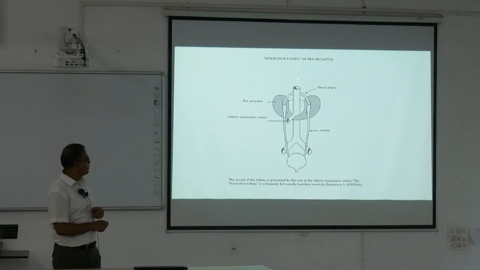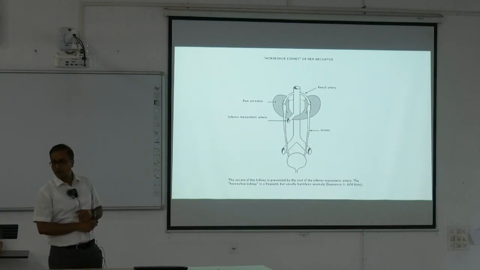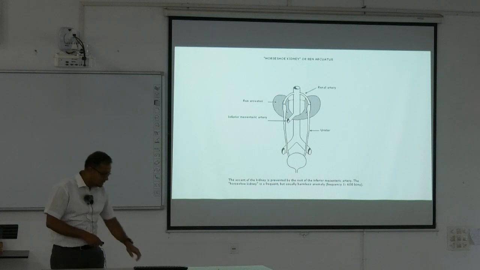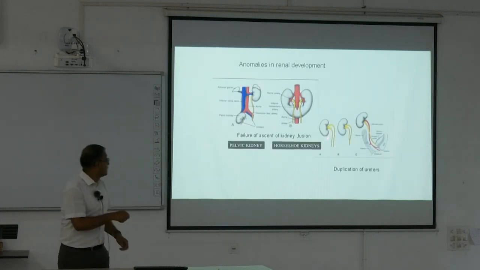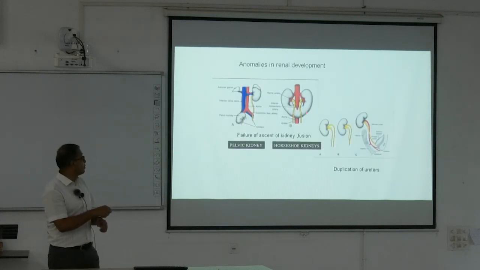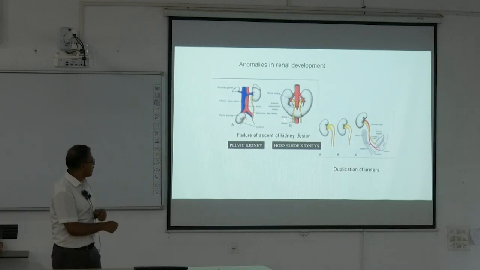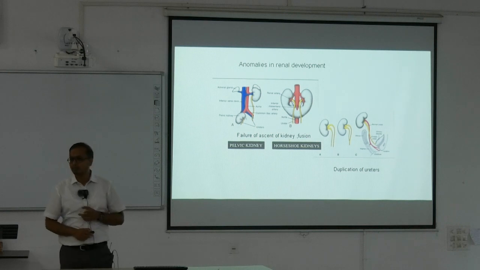Why does it get arrested? We have the ventral branches of the abdominal aorta, like the celiac trunk, superior mesenteric artery, and inferior mesenteric artery. As you can see, the lower pole of the united kidney looks like a U-shaped structure. So this kidney with a united lower pole, we call a horseshoe kidney. It looks horseshoe-shaped, that's why we call it a horseshoe kidney.